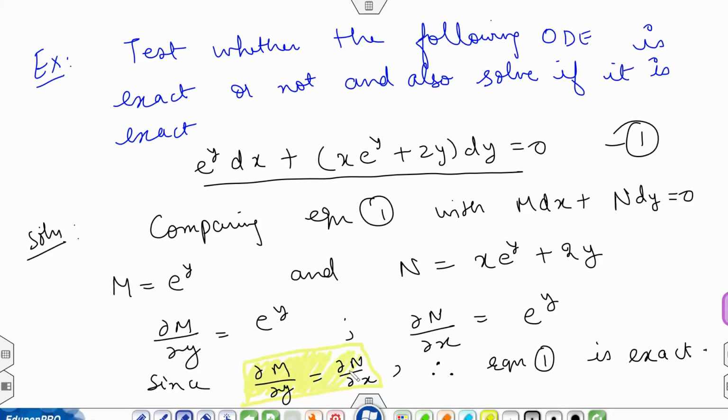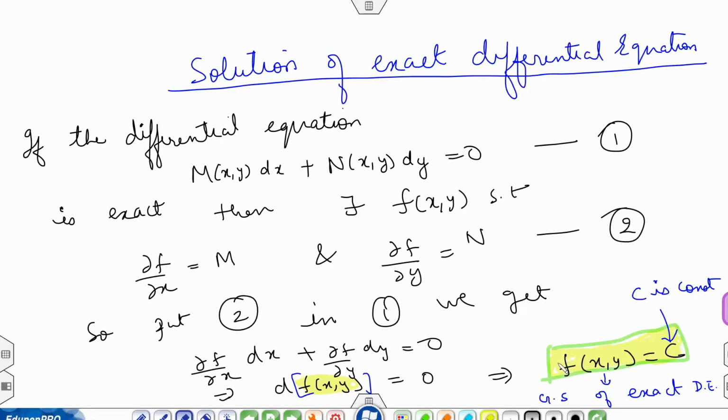So I'll now tell you how you can find the solution for the exact differential equation. Till now you have only known that my equation 1 is exact. Now what is the solution? You need to find the function f, so that you can write the solution like this: f is equal to c will be the solution of the differential equation.